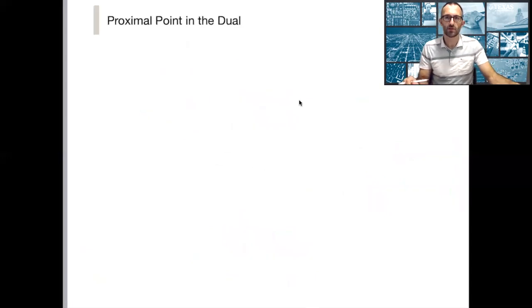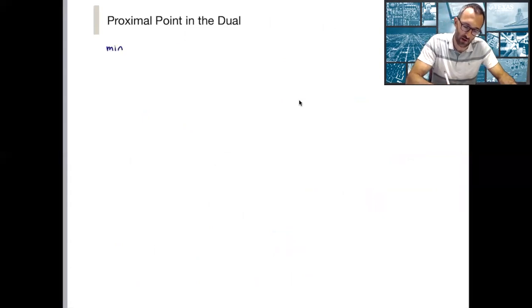I next want to talk about the proximal point algorithm in the dual. So we're back to our setting of our primal and dual. Minimize f of x plus g of Ax.